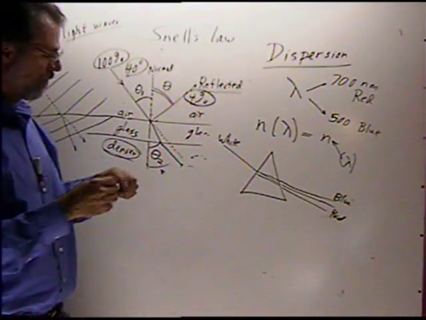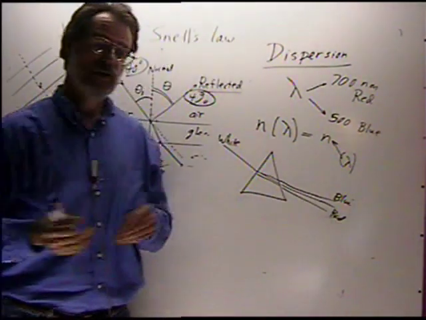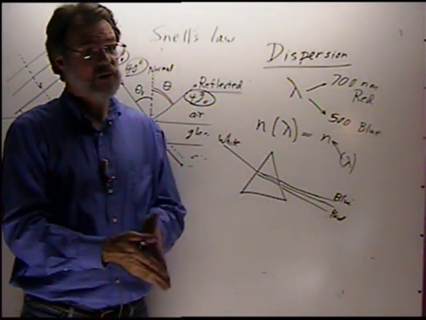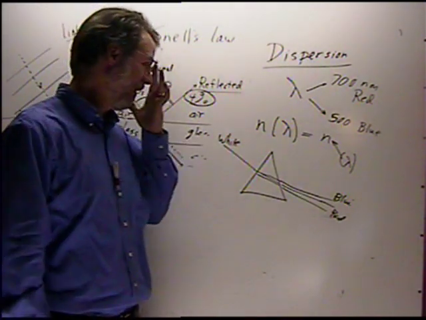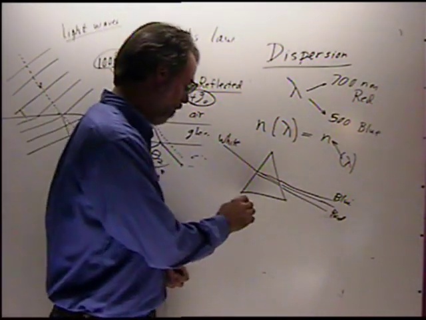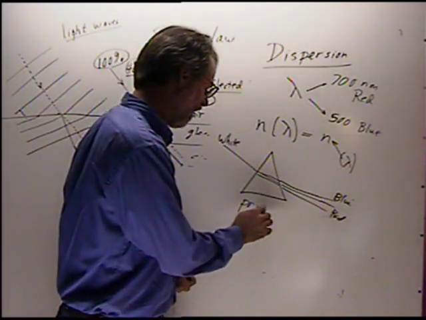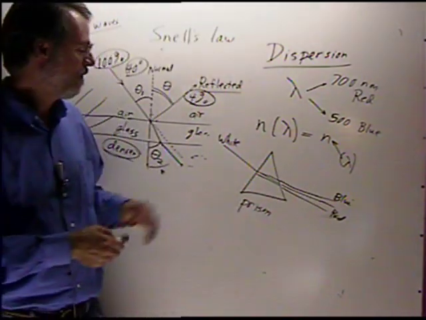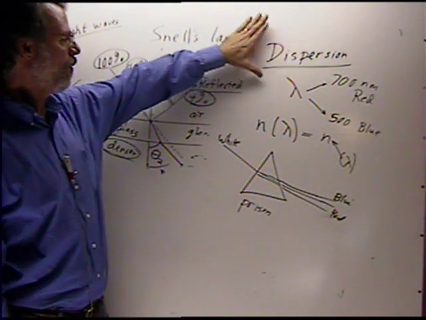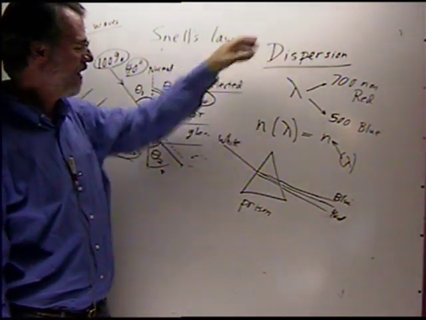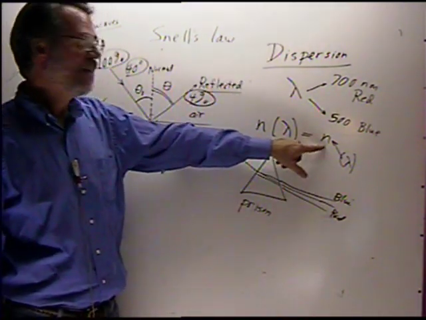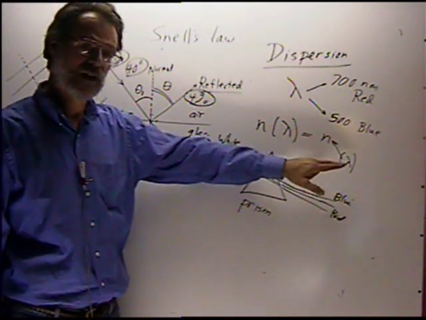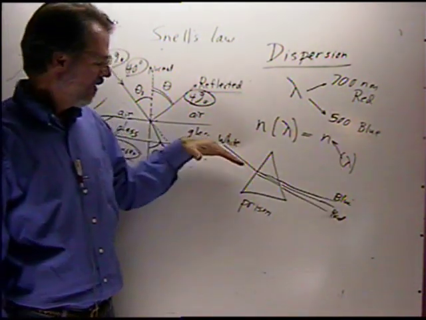This goes all the way back to people like Isaac Newton who did experiments with this. The whole prism effect and the rainbow effect is brought about by dispersion, the idea that the index of refraction changes with the color, the wavelength.